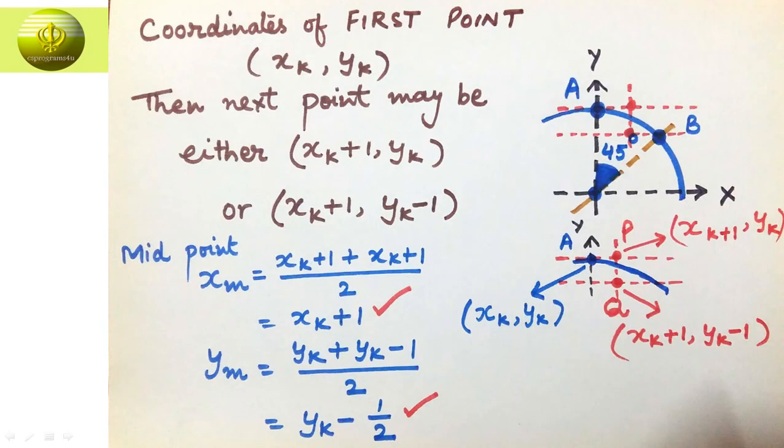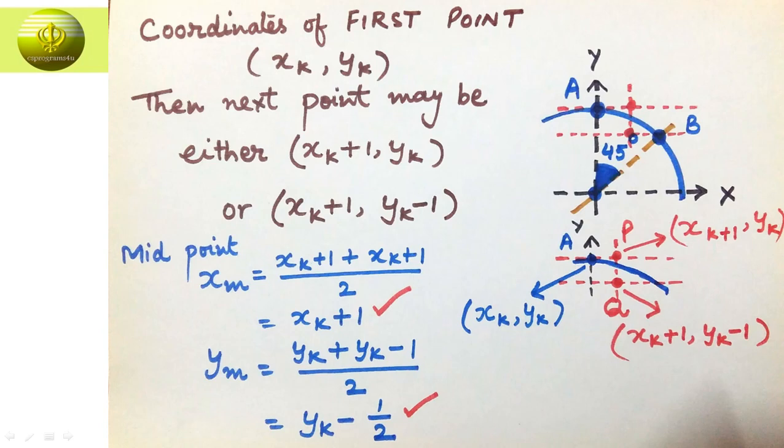Now, if the point is moving from A to B in the first octant, it means while we are moving from A to another point, with the coordinates of A being xk and yk, the second coordinate may be (xk plus 1, yk) or (xk plus 1, yk minus 1), because it either selects P or Q. Both possibilities are there.